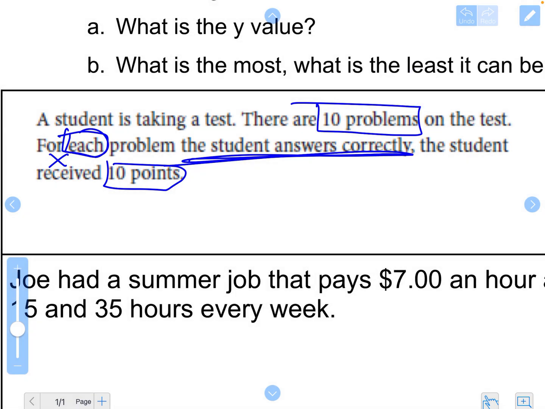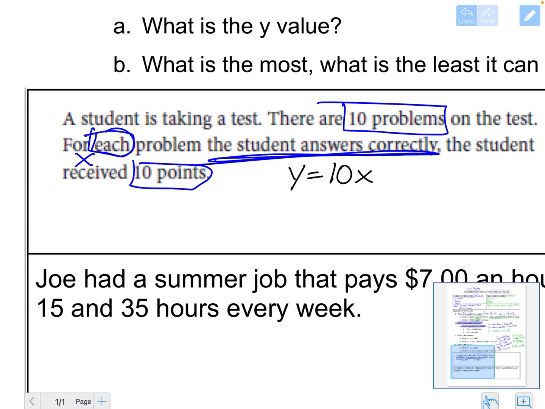I do not know the score of the test, so I'm going to represent the total points or the score by y. And I know that my x or my each is each correct answer. And I know that each correct answer is worth 10 points. So we're going to go 10x. And then there is no initial, there is no beginning, there is nothing else I need to add.